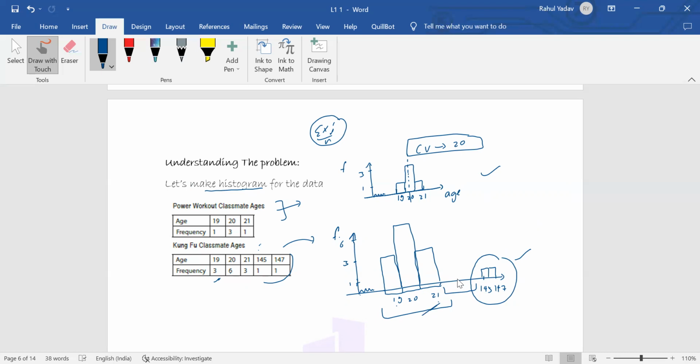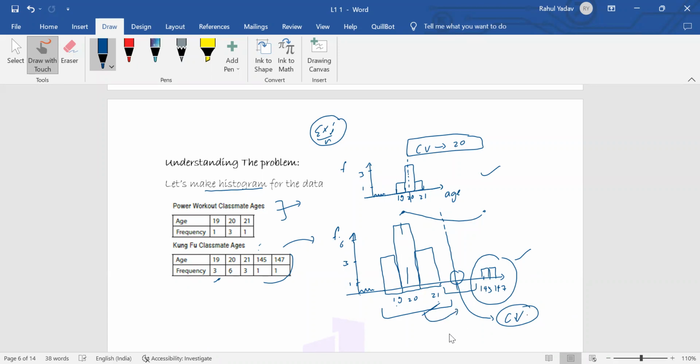In that case, some central value can be from this data, some central value from this data, and we have two central values. The central value for this complete data comes out to be something that is away from the majority of data.